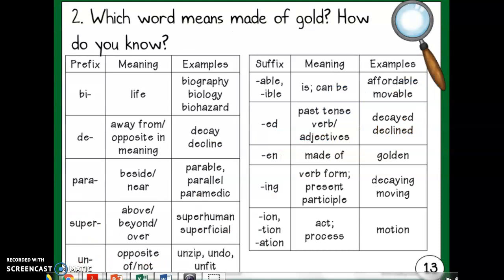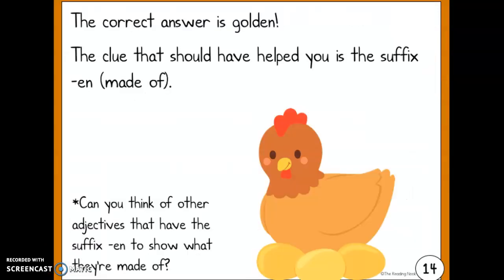Let's practice again. This time we're going to figure out which word means made of gold, and also how do you know? So see if you can find the meaning of which prefix or suffix means made of something. Okay, the correct answer is golden.